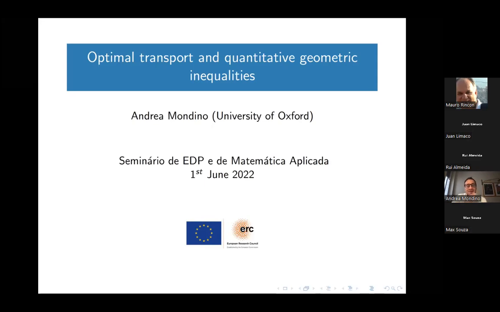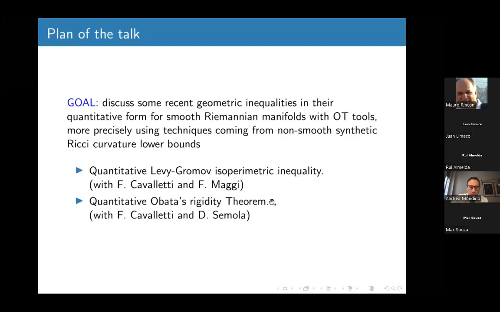So today I would like to talk about optimal transport and quantitative geometric inequalities. More precisely, I would like to discuss some recent geometric inequalities in sharp and quantitative form for smooth Riemannian manifolds, and the proofs will involve optimal transport tools.